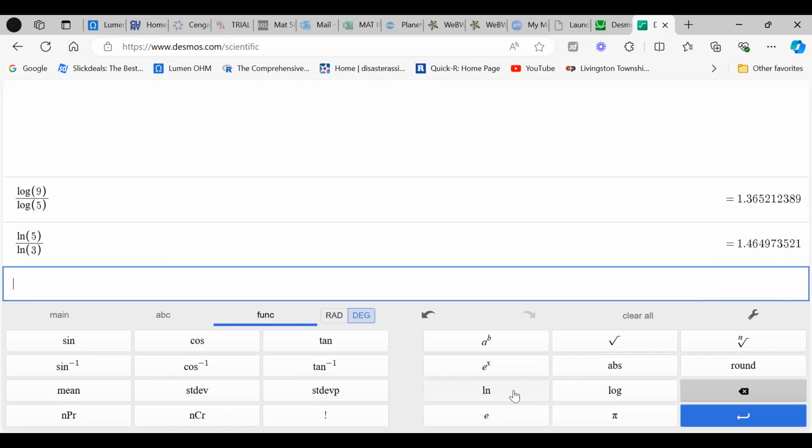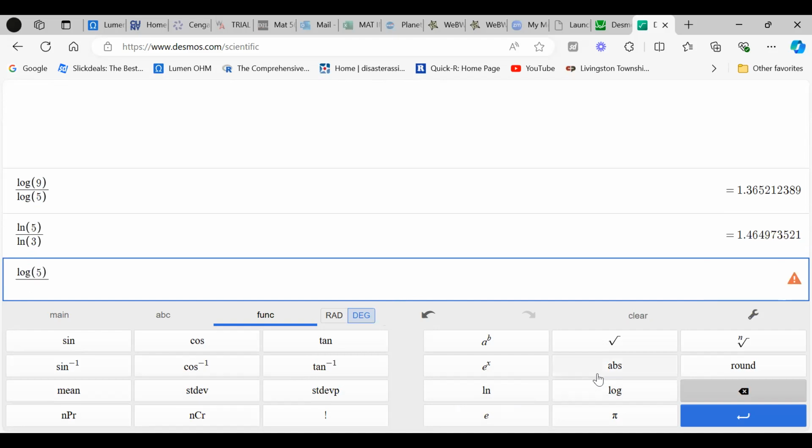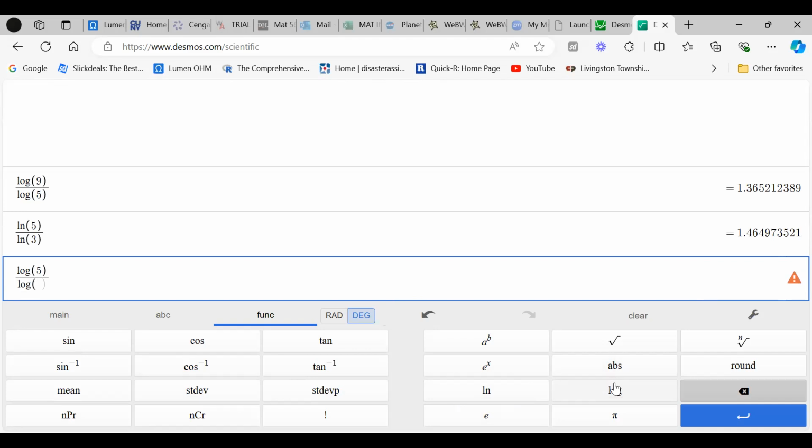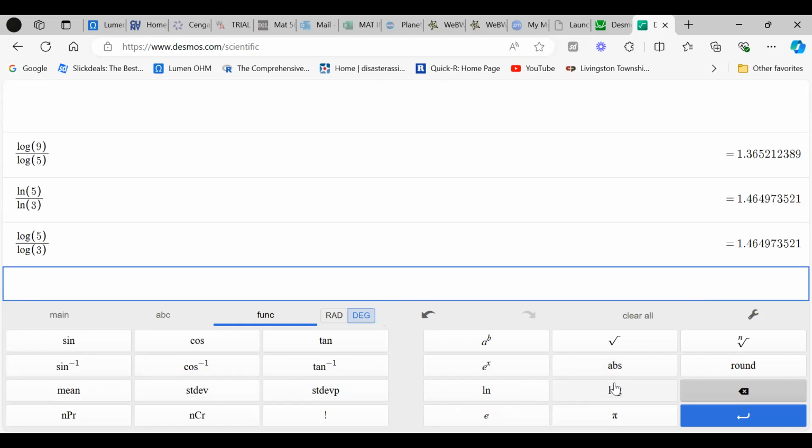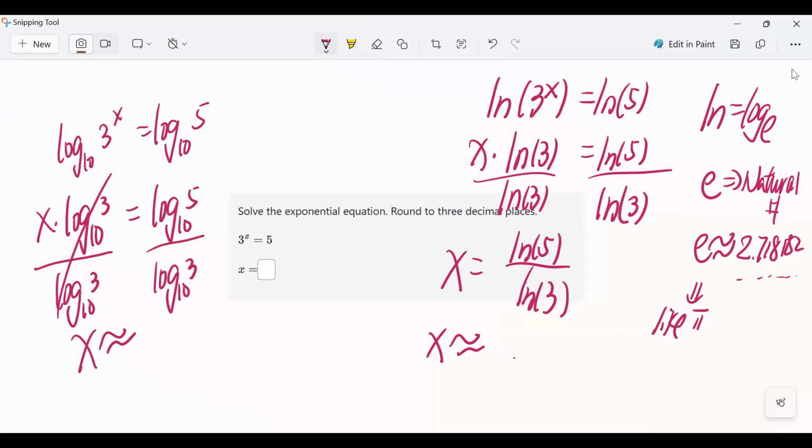We get this, 1.465, right? And then if we do log 5 over log 3, same result, exact same result. You see that same result, 1.465. If you round to 3 decimal places, they're exactly the same. So totally up to you, right? If you want to change to base e or base 10. 1.465.